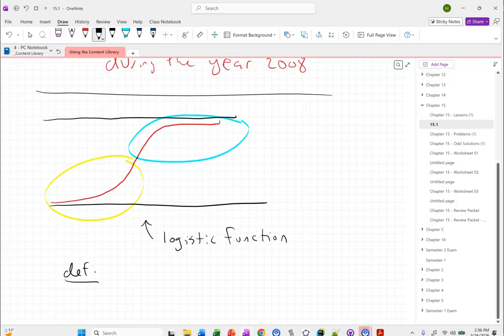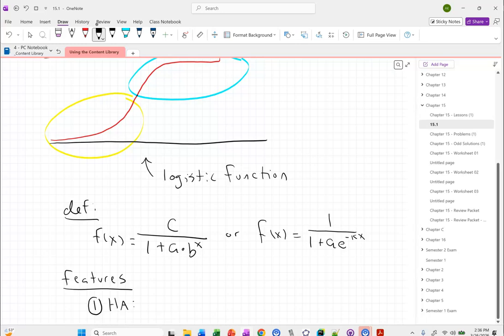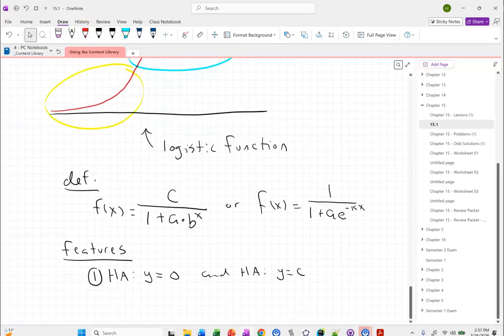So logistic functions are written in the form shown.